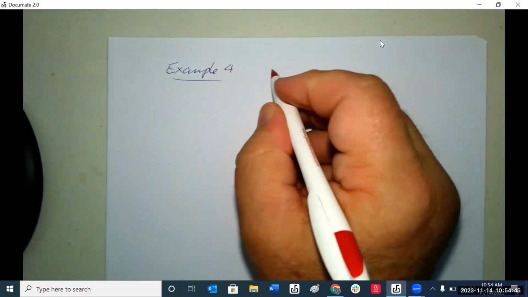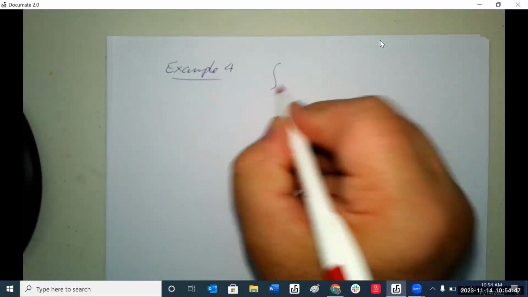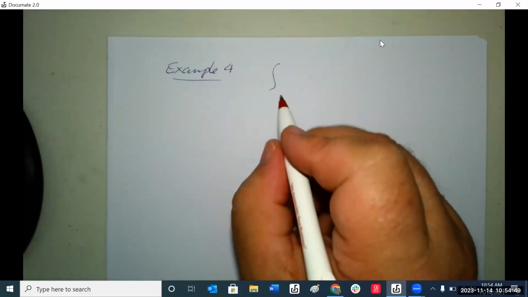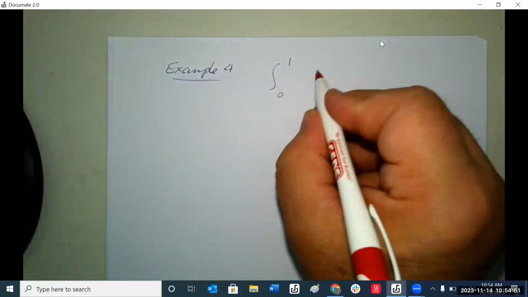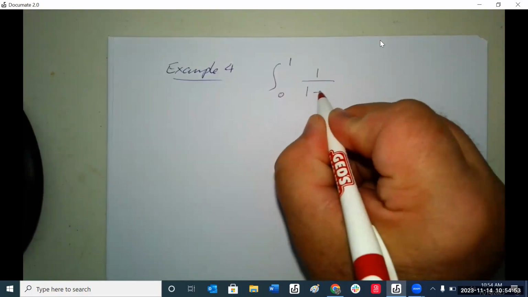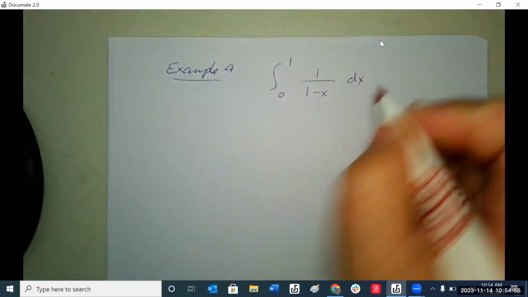We're looking at the integral from 0 to 1 of 1 over 1 minus x dx.